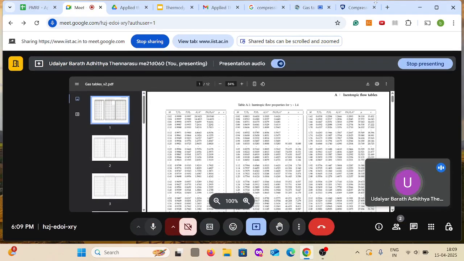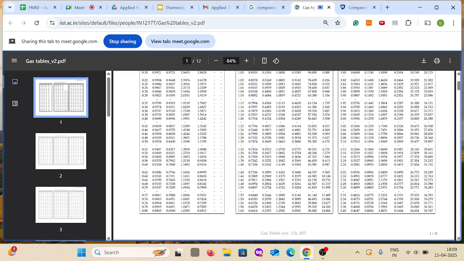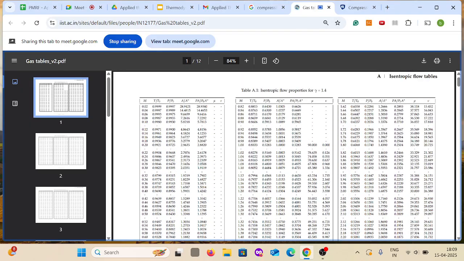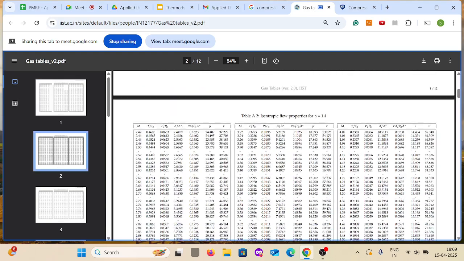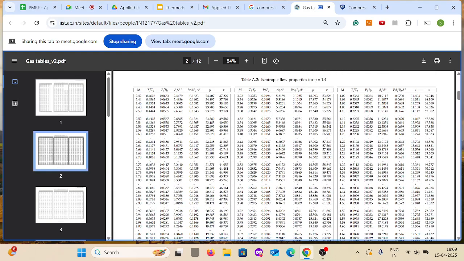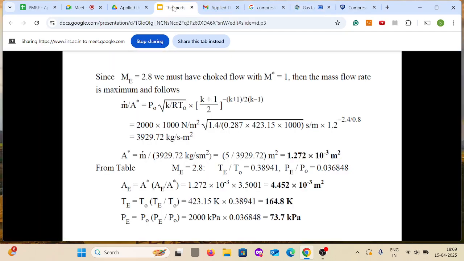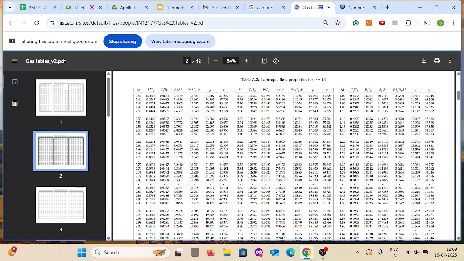So for this we'll use Mach number 2.8. This is the exit Mach number. For the isentropic flow chart 2.8, you get T by T naught is 0.3894 and P by P naught is 0.0368.